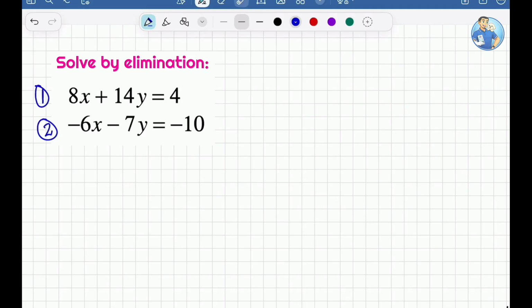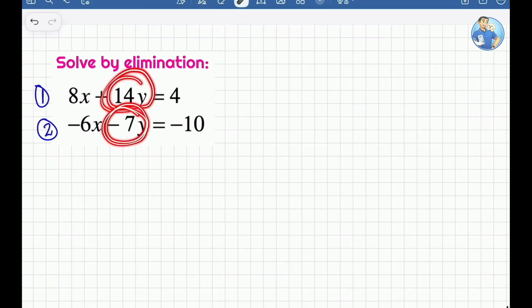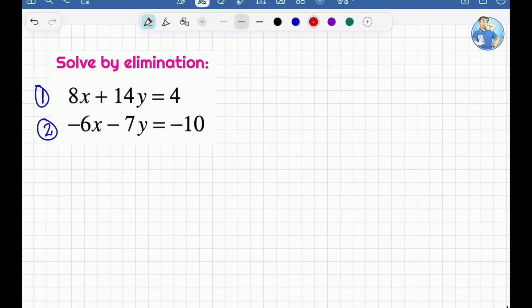Pay attention, they have something in common. If we multiply this negative 7 times y times 2, we are going to have the same coefficient, in this case 14, and also with the opposite sign. Something super important is that we must multiply everything times 2.